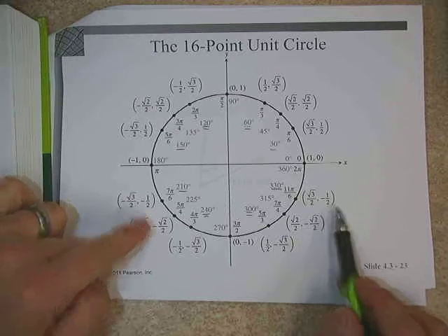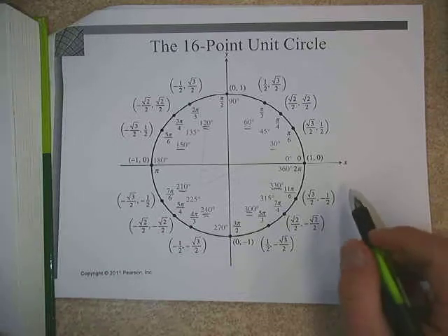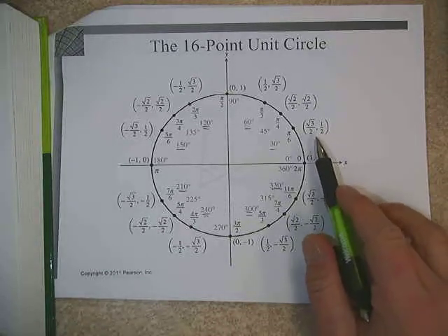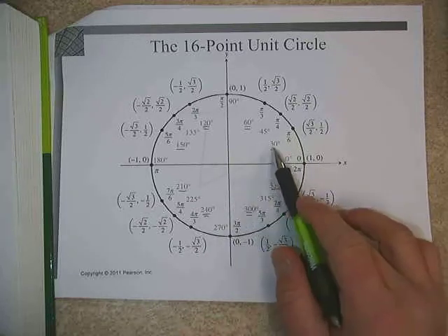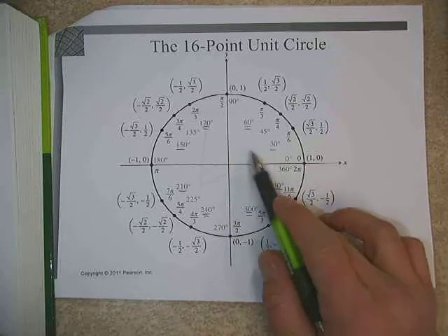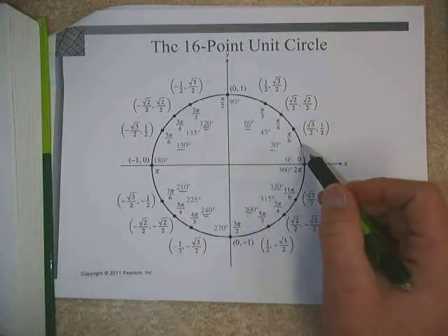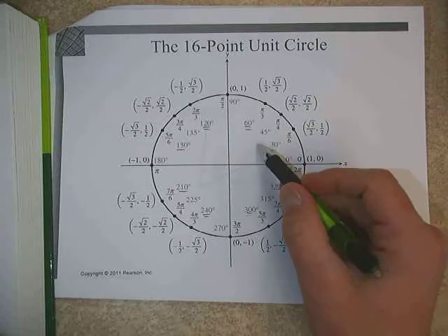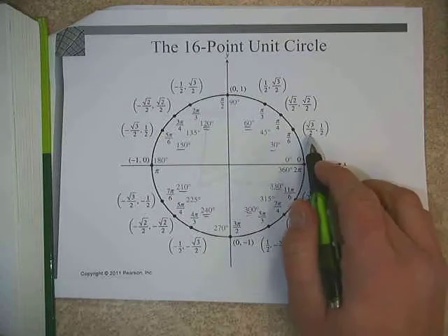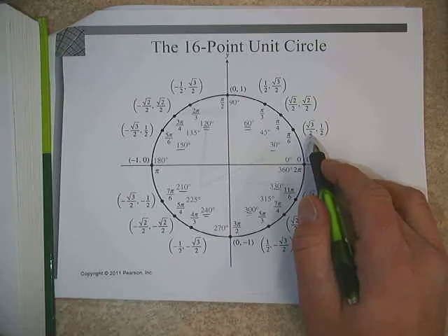When we're at a 30, 150, 210, or 330, notice what their coordinates are like. They're all radical 3 over 2 and 1/2: radical 3 over 2 for the x, and 1/2 for the y. Now, we know from special triangles that the cosine of 30 would be radical 3 over 2.